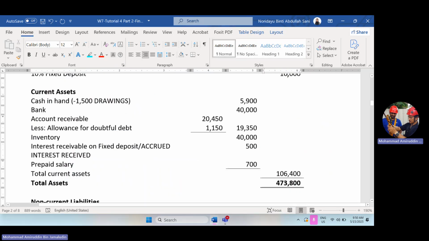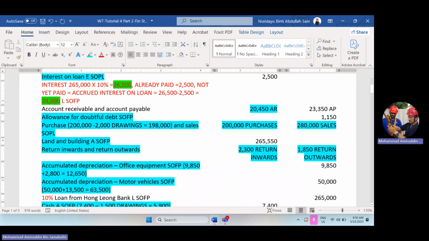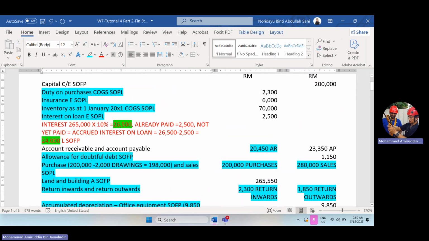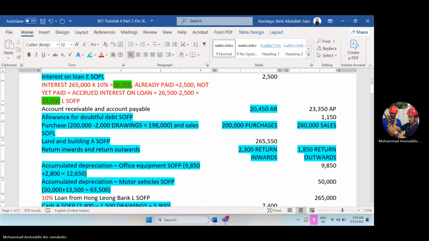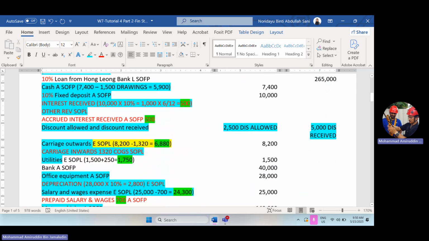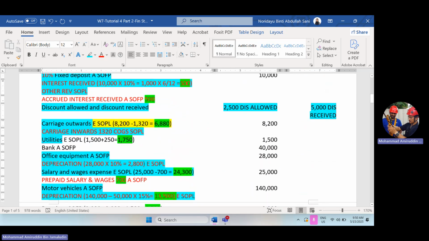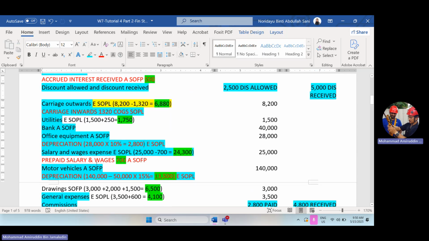This one should be in the first column because we have to deduct first, then the total you bring to the second column. Next, what do we have? All those prepaid, if any. Bank. We have bank. We have prepaid salary. How much? 700. Okay. Prepaid salary and wages, 700.